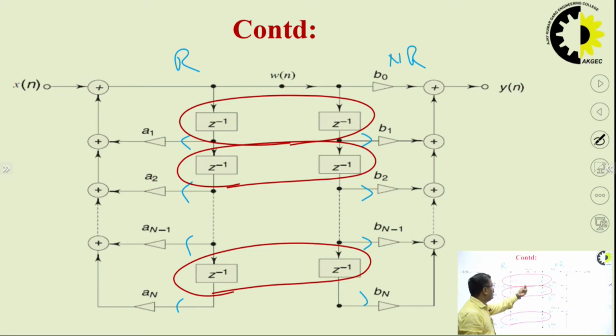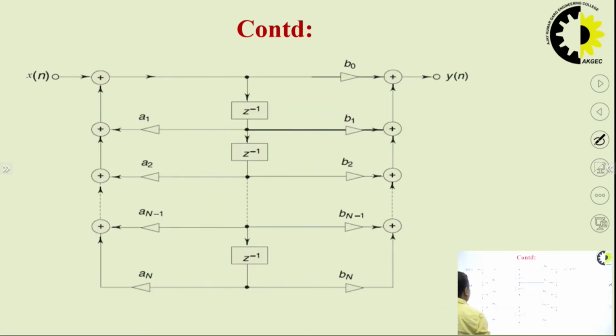A single delay element will work for the recursive term and also for the non-recursive term. So your number of components is reduced in this way. You are using only a single delay element, it will produce the y(n minus 1) and here x(n minus 1).